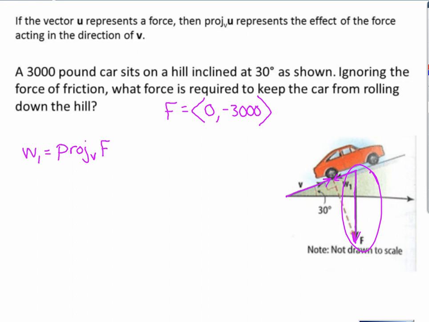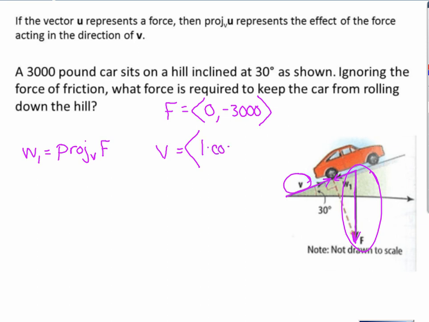So the next thing we need to do is find vector v. Vector v, if we write it in component form, is going to have an x component and a y component. To find the x component, we're going to take the magnitude and multiply it by the cosine of 30, because cosine goes with our x. Now, we don't know anything about vector v right now, so we're going to assume it's a unit vector, so its magnitude would be 1.